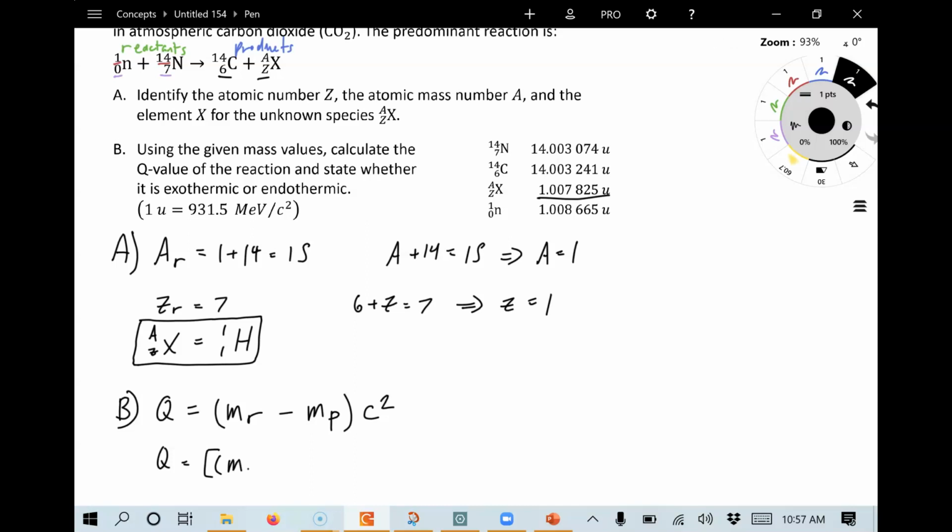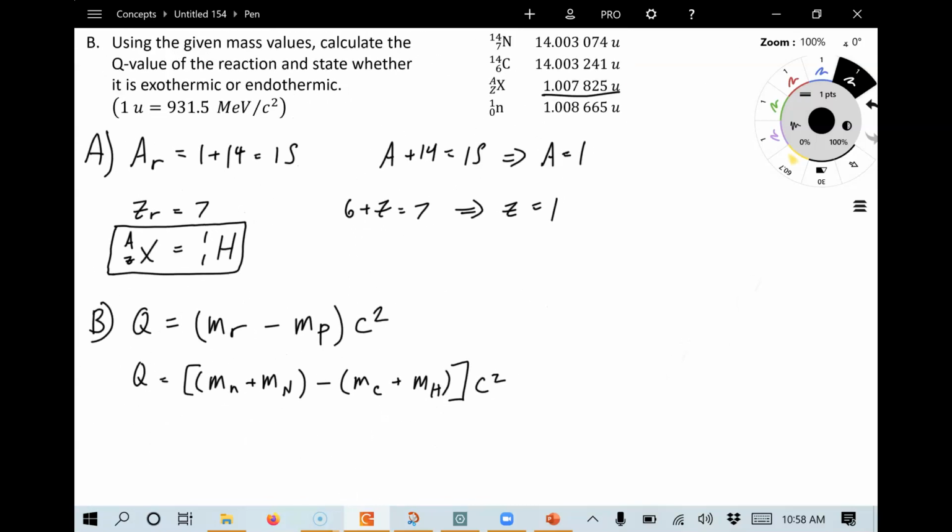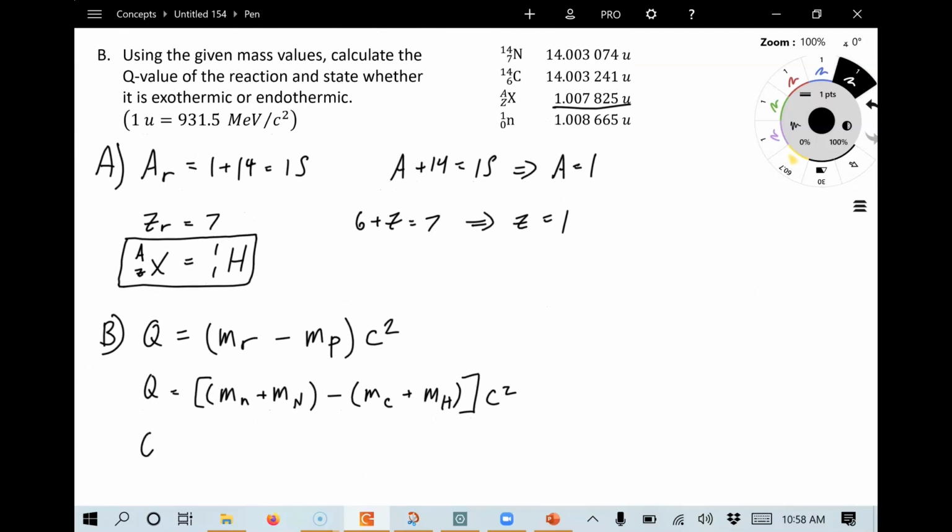Mass of the neutron plus mass of the nitrogen, minus the mass of the carbon plus the mass of the hydrogen here. And again, multiplied by c squared. Now when we put these numbers in, let me pause for a second, and then I'll write them all down.